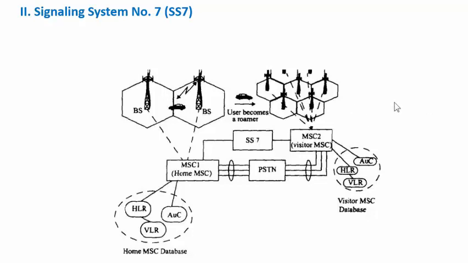So here we can see this block diagram. This is the traditional PSTN and mobile cellular network. Here we can see MSC1 and MSC2, two different mobile switching centers connected by using the PSTN network, and in between the two mobile switching centers a separate SS7 block.